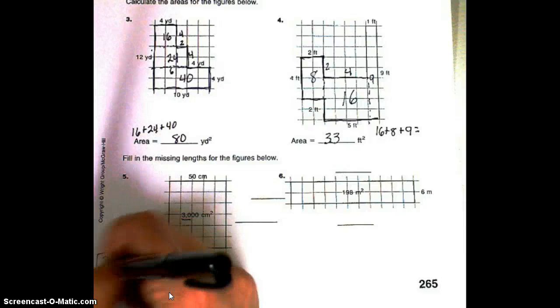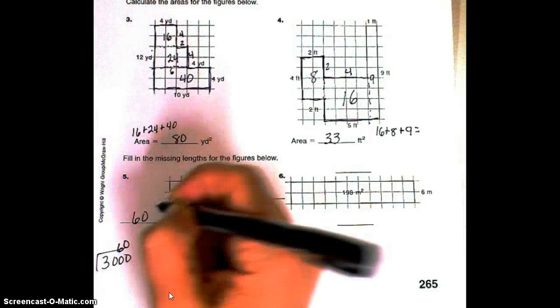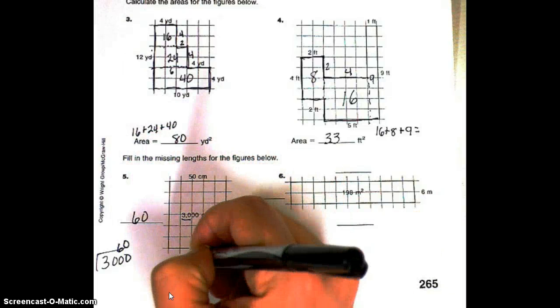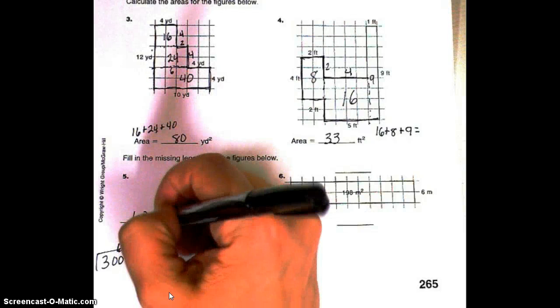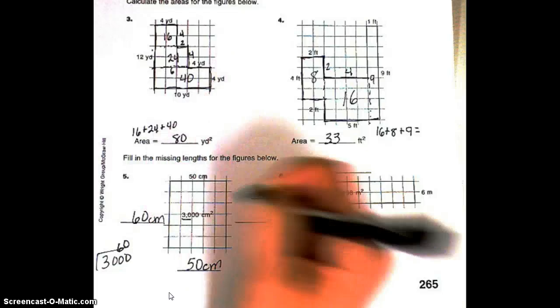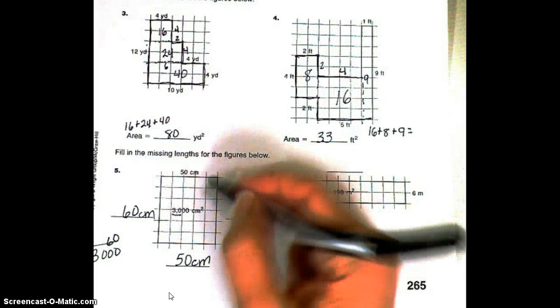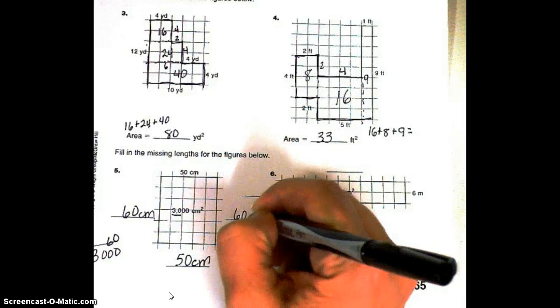And then I need to add an extra 0, so this must be 60 this way. This one is going to be exactly the same as that one, so this must be 50 centimeters. And this is also centimeters, and I know that because this is centimeters cubed. Whoops, and I need one more side over this way. If this is 60 and it's a rectangle, then this is also 60 centimeters.